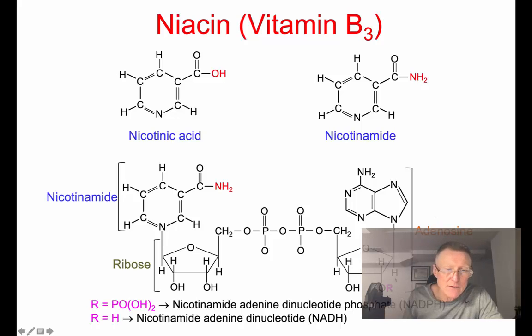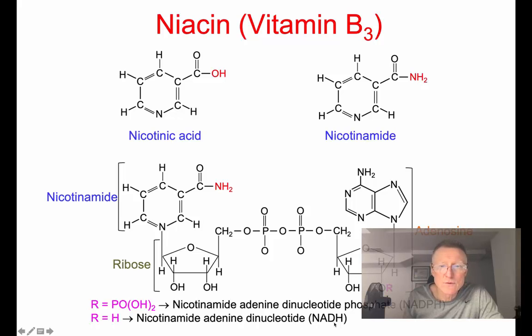If you have here this phosphate group, then you form the nicotinamide adenine dinucleotide phosphate, or NADPH. And if you have a hydrogen replacing this R here, you have what's called nicotinamide adenine dinucleotide, NADH.